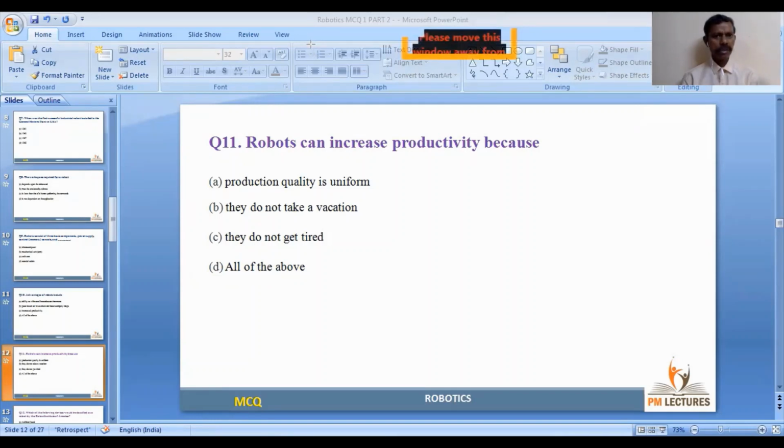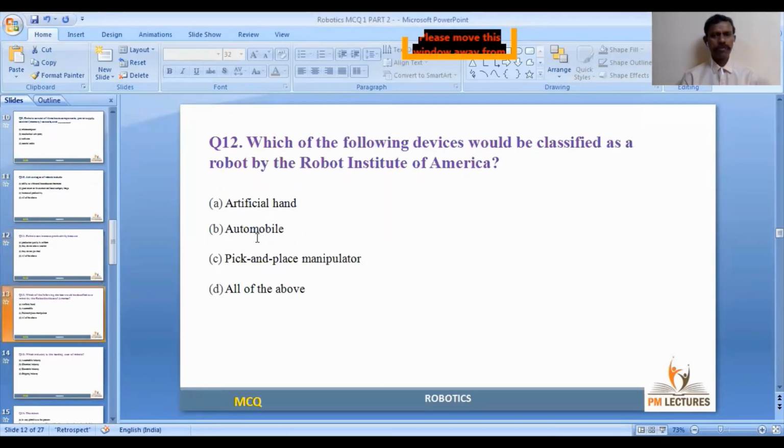We will move to the next question, 12th one. Which of the following devices would be classified as a robot by the Robot Institute of America? Option A, artificial hand. Option B, automobile. Option C, pick and place manipulator. Option D, all of the above.